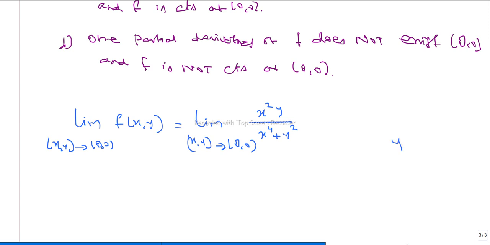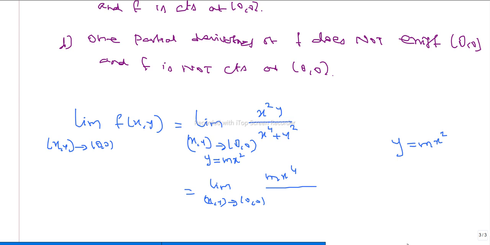Now if you take the path y equal to mx square, this is a parabola passing through the origin. If you take any path, in particular this path, and substitute y equal to mx square, in the numerator we have m x power 4.